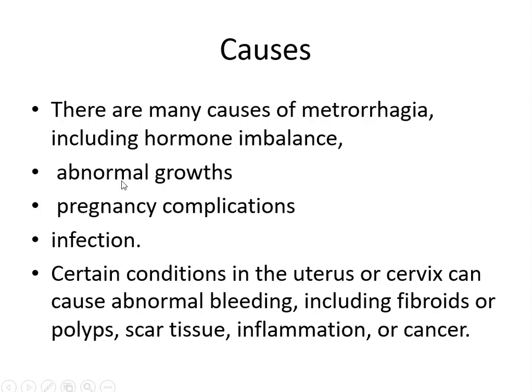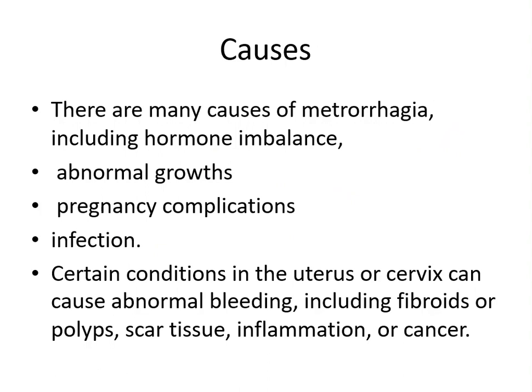Next is abnormal growth, meaning any tumors, lymph nodes or polyps can lead to metrorrhagia. Next is pregnancy complications. If girls or women have any pregnancy-related complications, hemorrhage can occur, and that is also known as metrorrhagia.